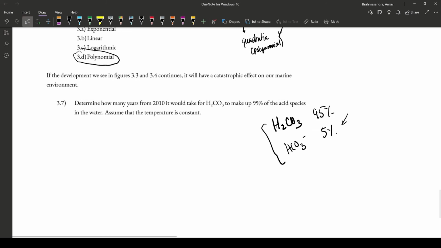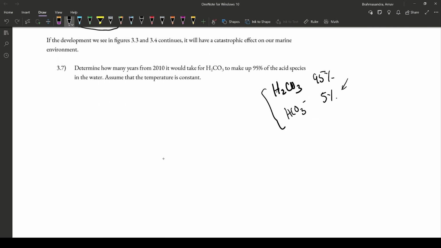The next thing we can do is use Henderson-Hasselbalch. So we know that pH equals pKa plus log of our base over our acid. We're going to use HCO3 minus over H2CO3. And because we're looking at this base and this acid, we know that this is the first pKa, because the first pKa has to do with the dissociation of H2CO3.